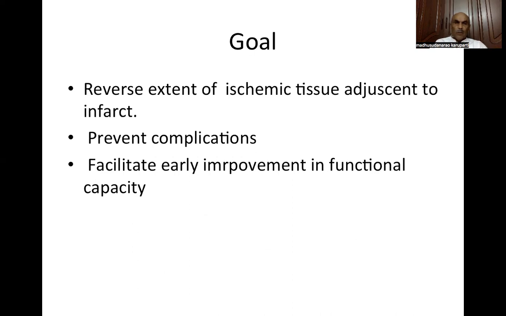Okay, you should not leave the stroke untreated. The goal is number one, to reverse the extent of ischemic injury that is destined to become the infarct. Number two, prevent complications. Then lastly, facilitate early improvement of functional capacity. These are the goals of management in a patient with stroke.